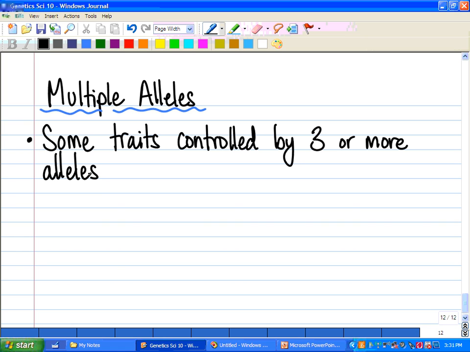So instead of just 2 letters, or even 1 letter with capitals and lower cases, we're going to look at an example in people that is 3 alleles, although an individual only ever has 2.